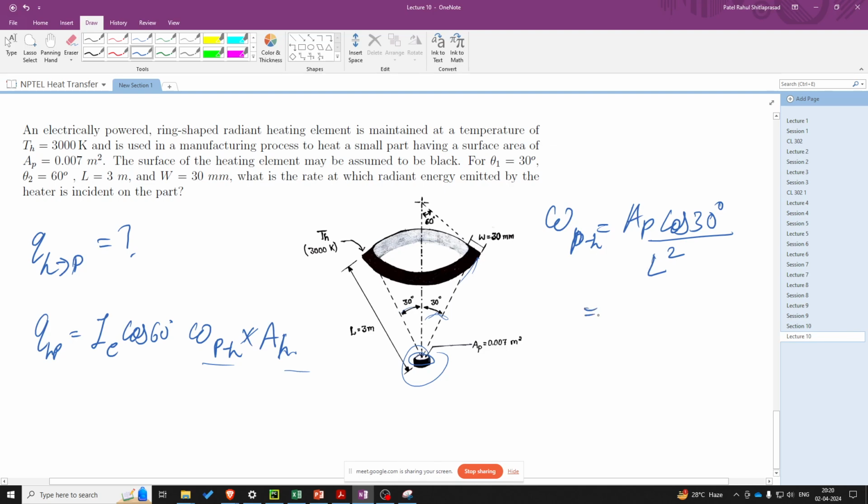So this we can calculate as AP, which is 0.007, cos of 30 is I think root 3 by 2, upon L square, which will be 9.